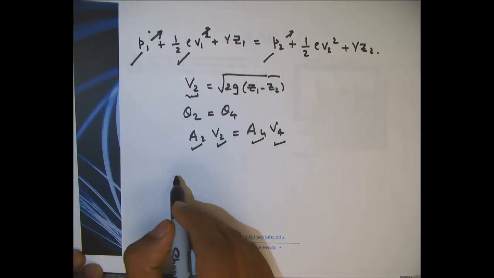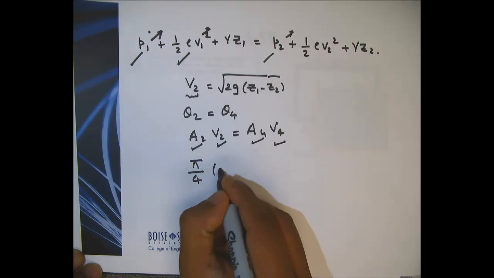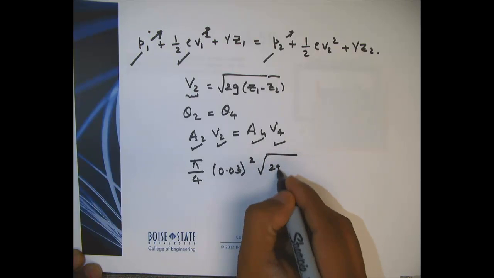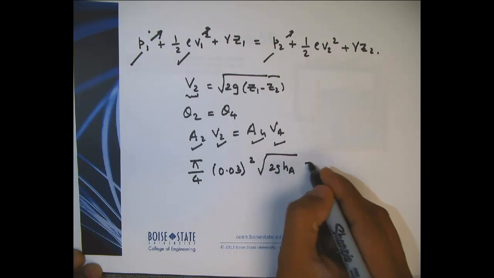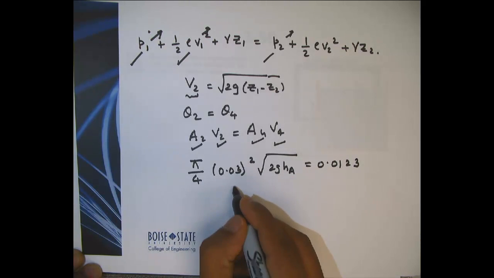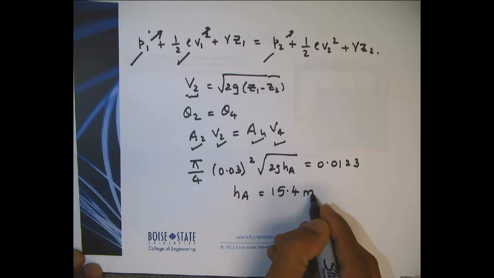So that we end up with an equation with one unknown. So I can write this as pi over 4 d square times square root of 2g HA equals the flow rate. So I can determine HA to be 15.4 meters.